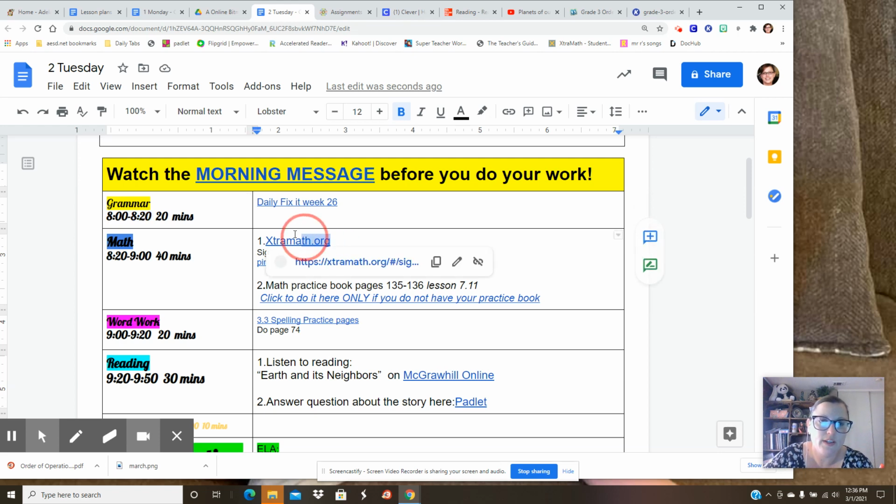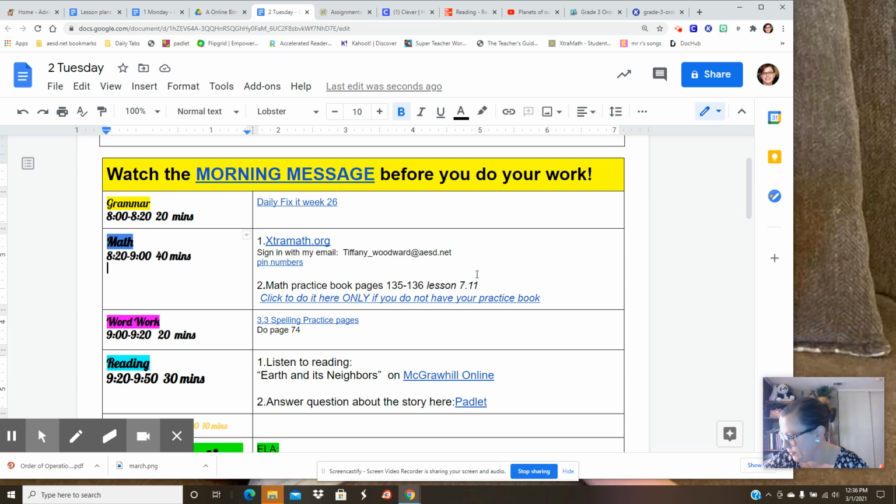Then you have math. Do your extra math, and then you have math practice book page 135 to 136, 7.11. If you have your practice book, most of you do, I would much rather you do it in here so you can write and show your work easier. You're going to turn to page 135 to do it in your book.